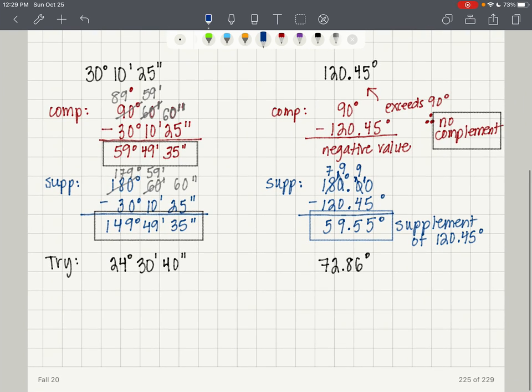Okay, here are two for you to try. Okay, if you've joined me, complementary angle, 90 degrees minus 24 degrees, 30 minutes, 40 seconds.